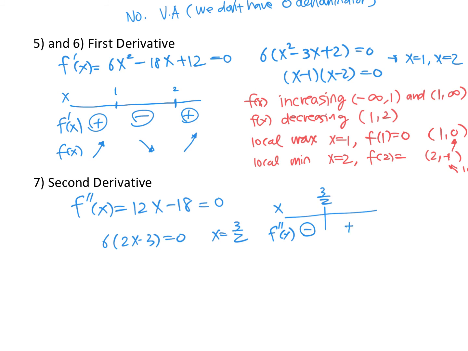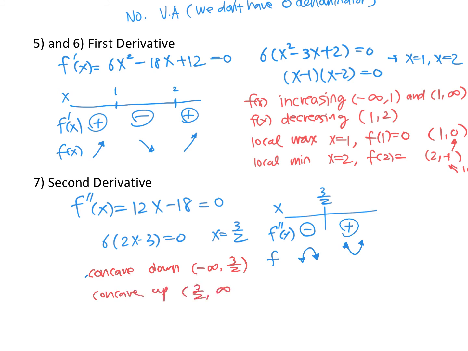So that means my graph is going to be concave down in this interval, and then it's going to be concave up in this interval. Okay, so let me use red: concave down from negative infinity to 3 over 2, concave up from 3 over 2 to infinity.